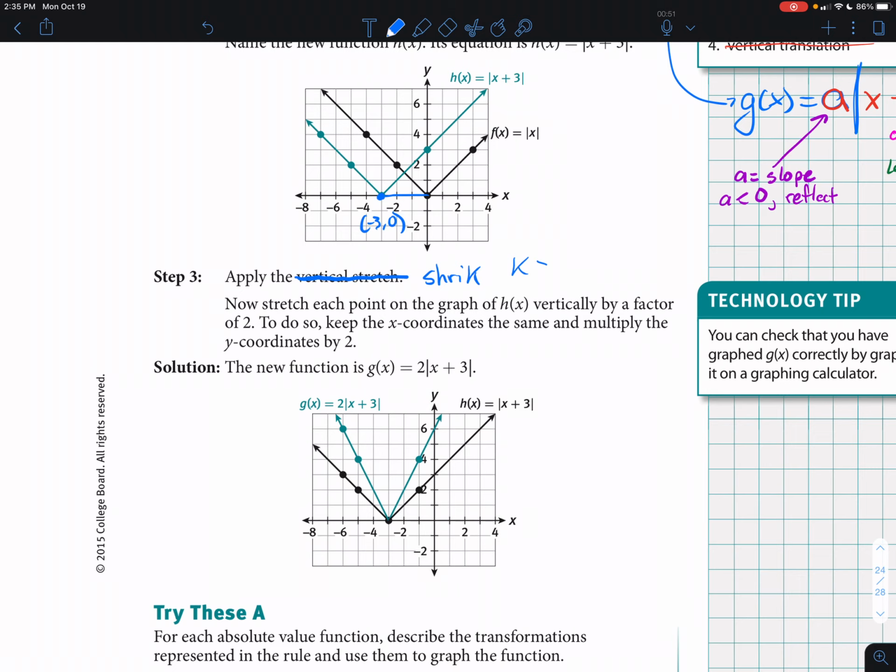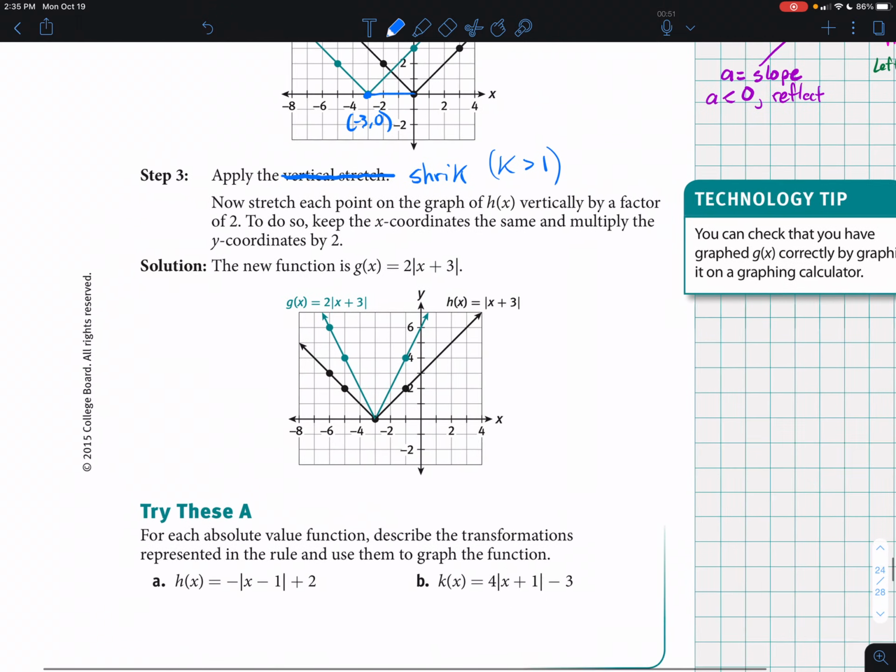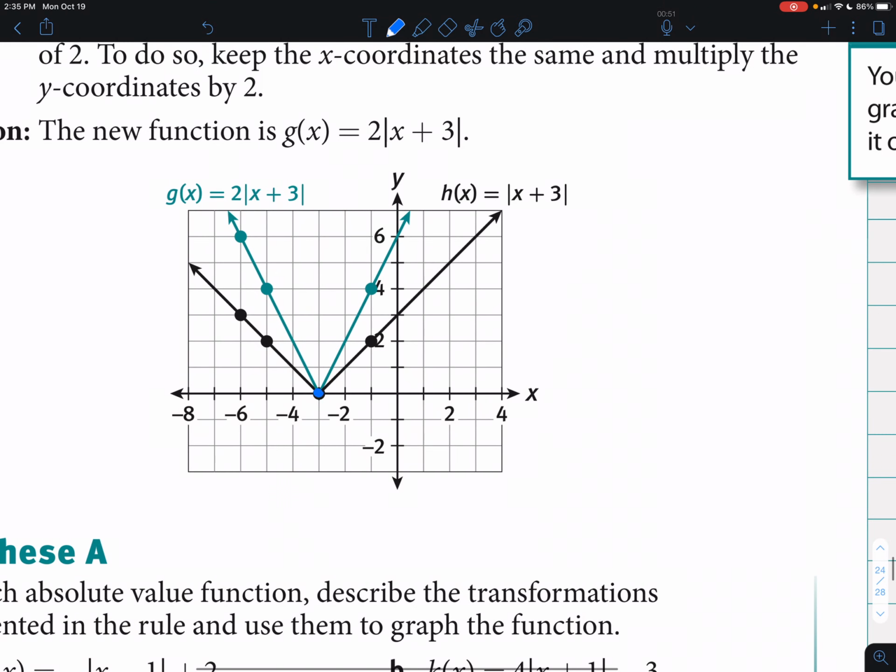If k is greater than 1, it's a shrink. It's going to get skinnier. So we plot our vertex at negative 3, 0, and then we use our slope, which is 2, so we do 2 over 1. We're going to go up 2, right 1, up 2, right 1, and so on.